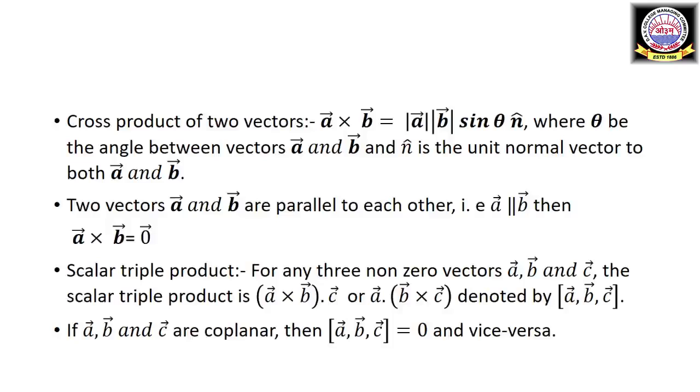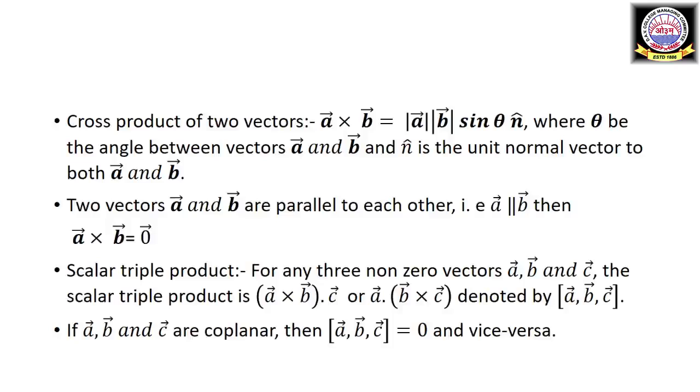Okay? Then what you have seen in the last is STP. That STP is scalar triple product. It is a scalar, means the output is scalar, and it is a triple, means taking 3, and it is a product.